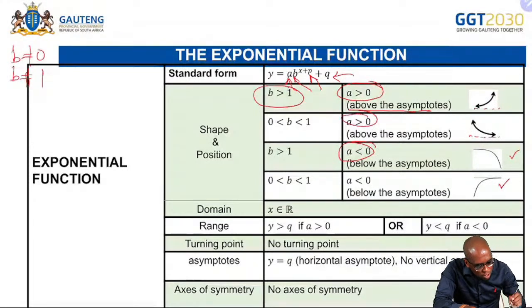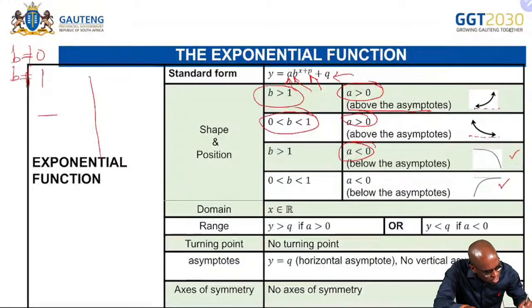But B now, B is going to tell you where to start with respect to the graph, because when you have an exponential function, you know that it's either starting on this side, which is the negative x-axis, and then it intersects the y-axis, and then it increases like that.